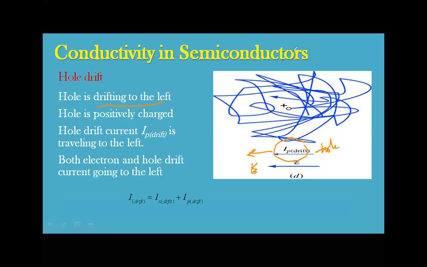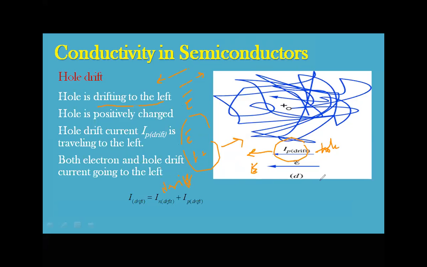You may ask a question: one is an electron, which is negative, and the hole is positive, so how come they move in the same direction, sir? We are talking about drift velocity, not normal velocity. Normally, if the electron goes in one direction, the hole can go in the other direction.